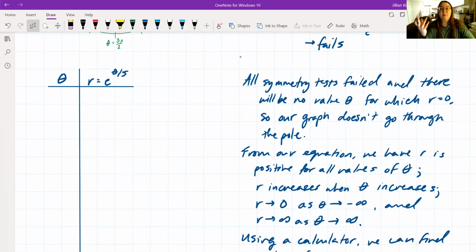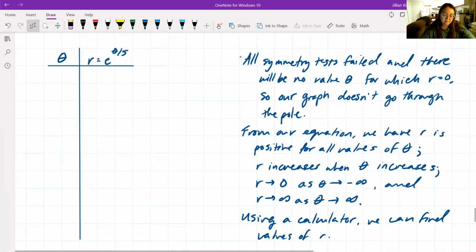So let's go ahead and test from 0 to 2 pi, but also let's check from negative 2 pi to positive 2 pi. We want to include a wide range here.